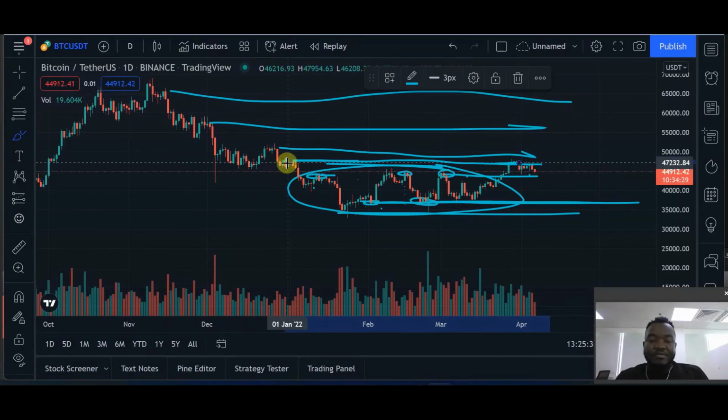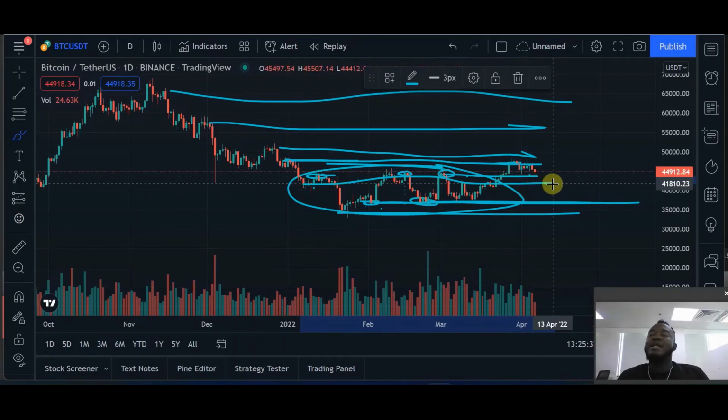Now this BTC is likely to fall to this area before we can have another pump, whether you like it or not. This is how it works, and it will keep repeating itself many times.